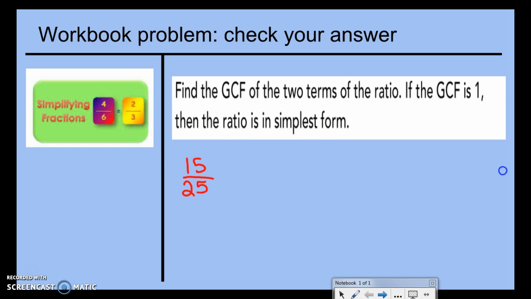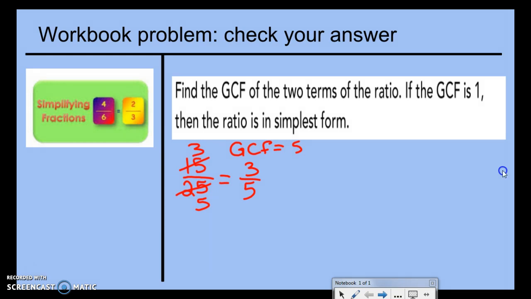Okay? The first step is to find the greatest common factor of the 2 terms of the ratio. What is the greatest common factor of 15 to 25? Well, the GCF is 5. So if you were to divide both values by 5, you should get 3/5.